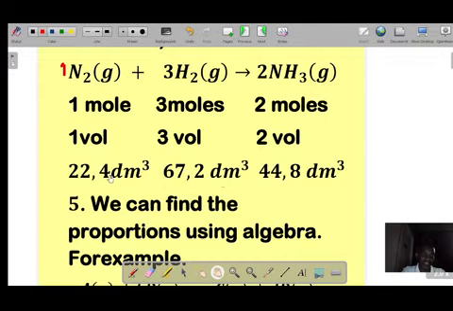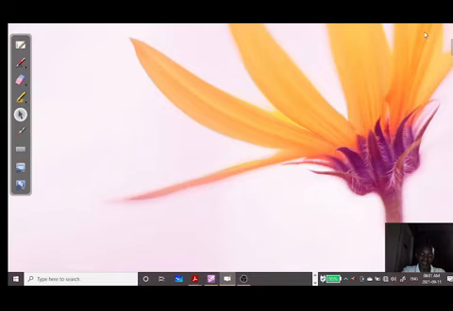Let's check it out on our calculator, 22,4 decimeters cubed.